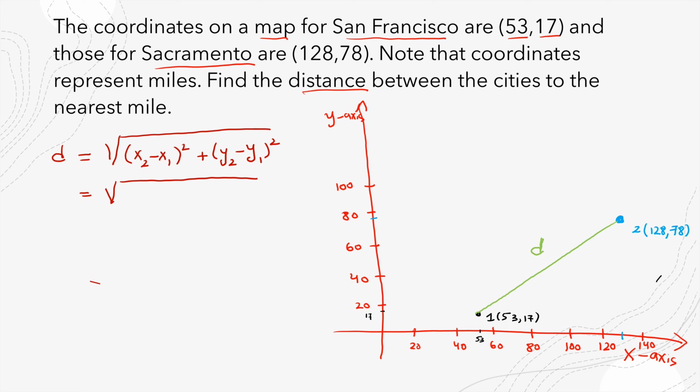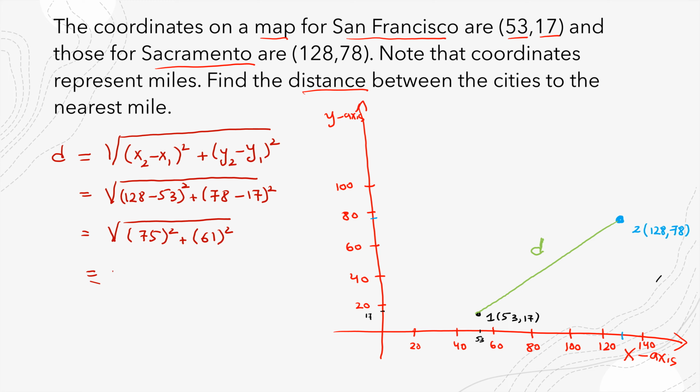I have 128 minus 53 square plus I have 78 as y2 minus 17 square. If we simplify, this will become 75 square plus 78 minus 17, which will be equal to 61 square.